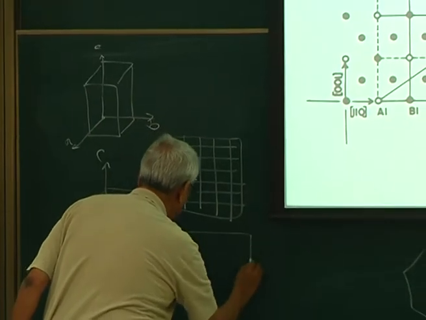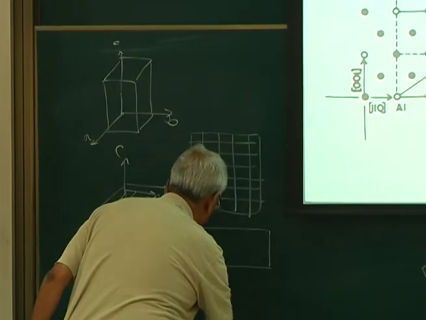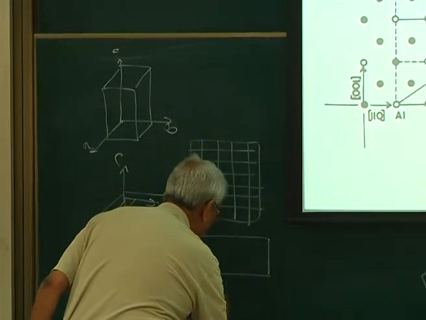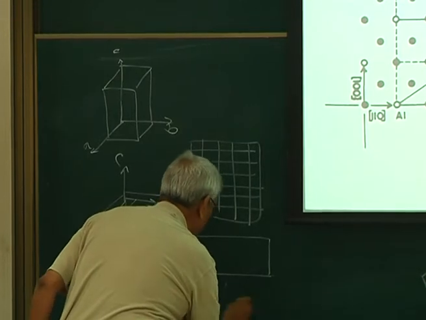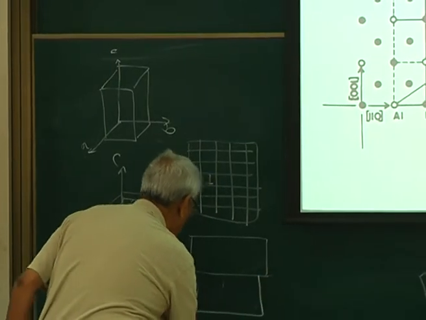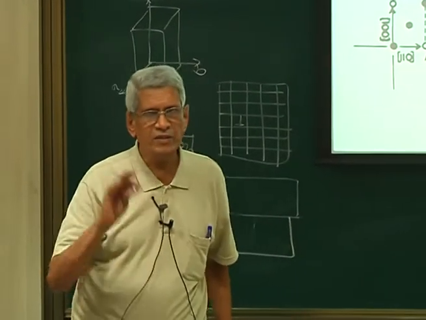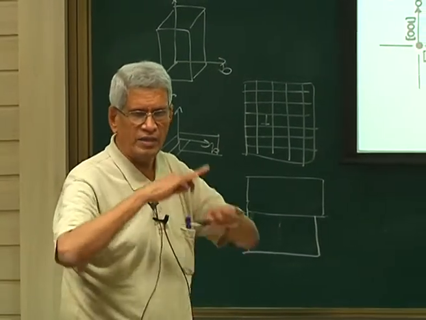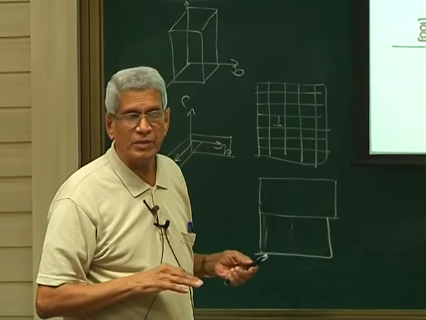Finally, when we look at it, all the layers above have been shifted. Is it not? It's not just that one layer which is shifting. All the atoms above the slip plane are getting shifted.